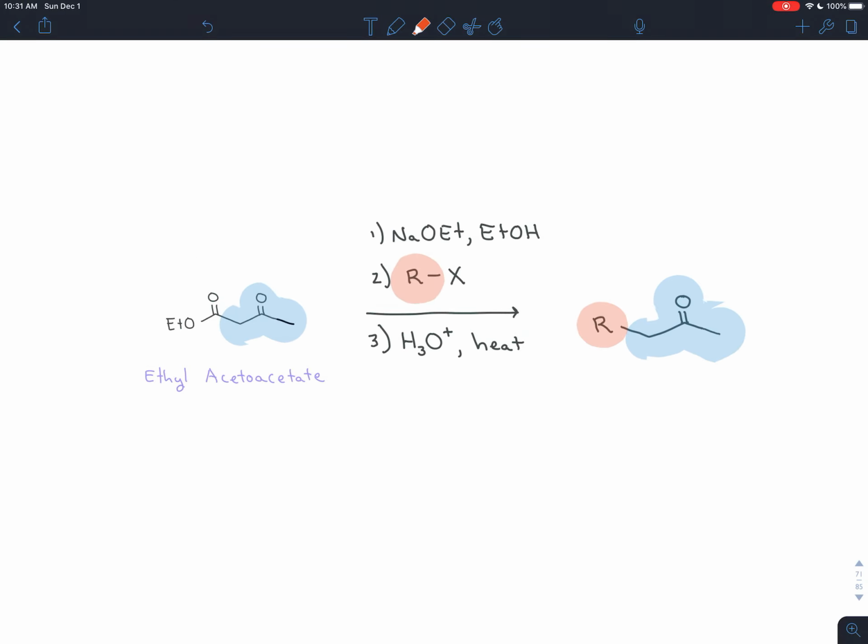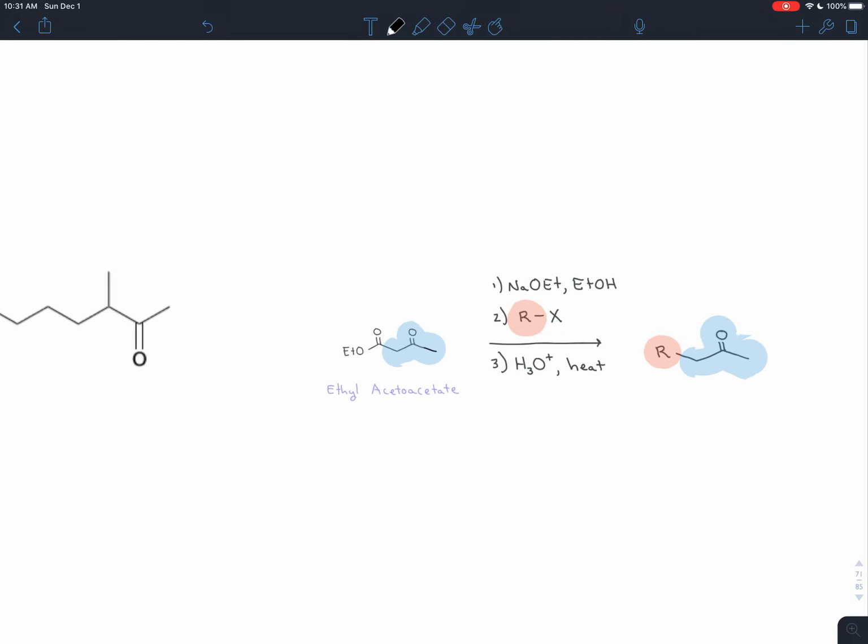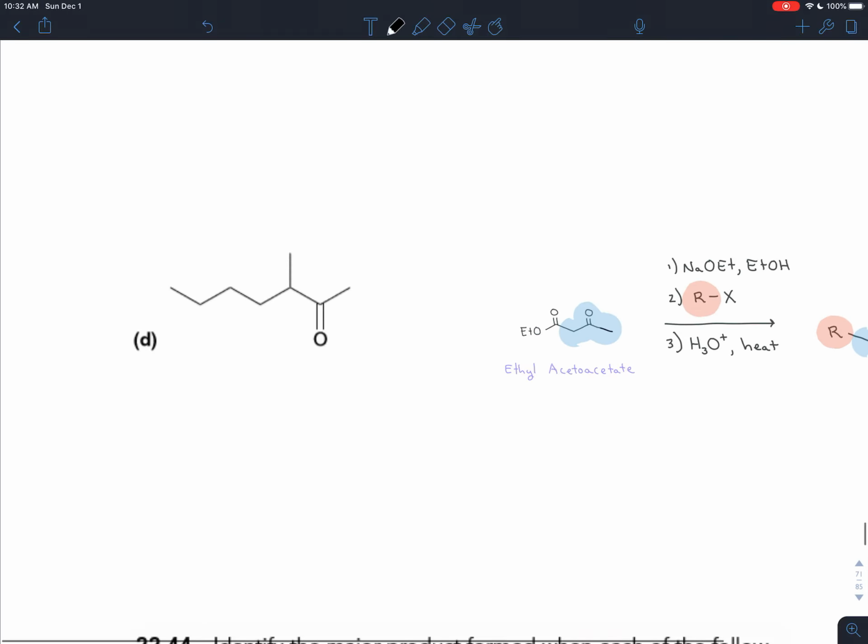So when you're thinking backwards and you have a methyl ketone and you're thinking, what alkyl halide should I attach it to? You have to remove that 3-carbon group, the carbonyl and the 2 carbons on either side of it, because that's not coming from the alkyl halide, that's coming from ethyl acetoacetate in this acetoacetic ester synthesis.